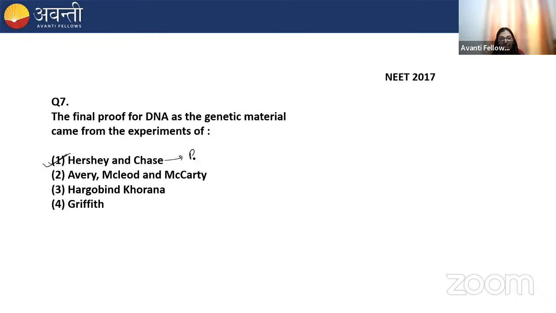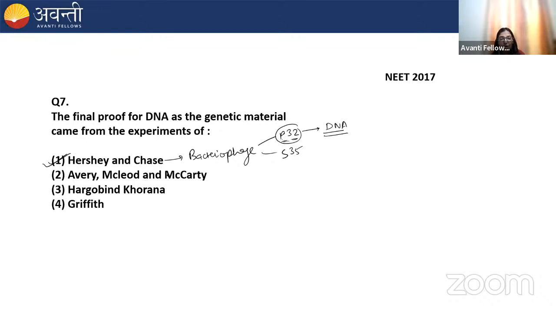They worked on bacteriophages and bacteria. They labeled the phages with P32 and S35. They observed the radioactive phosphorus in the bacterial cell because the DNA is transferred from the virus into the bacterial cell, and this DNA has radioactively labeled P32.